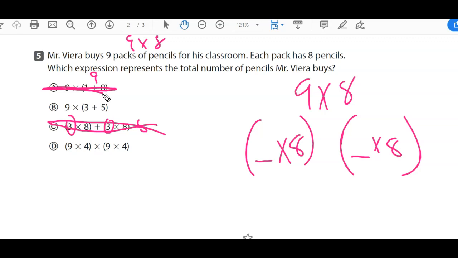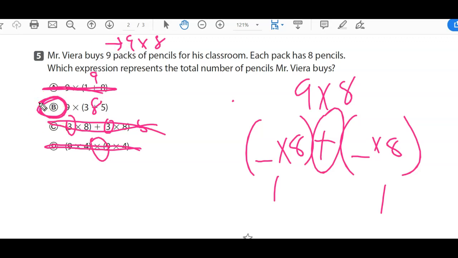Yes. But when I multiply both of these, what's my next step? Adding. Does that tell you to add? No. So could it be D? No, it can't be D. Okay. It can be B because what's 3 plus 5? 8. And then it's 9 times 8, which, yeah, that's right. So this expression is correct. Got to look at the signs very carefully.